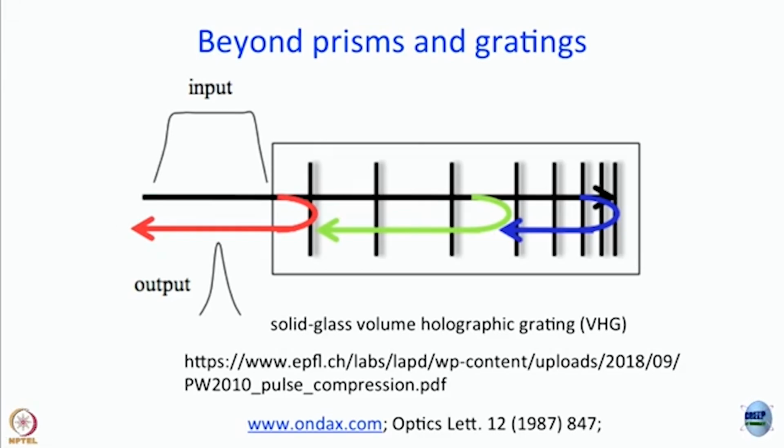In the compressor side, just turn it around. Let the beam go in from here and not from here. Then what will happen? Then it will get compensated. So, the same piece of optic can be used either as a stretcher or as a compressor, depending on which is the input, which is the output.